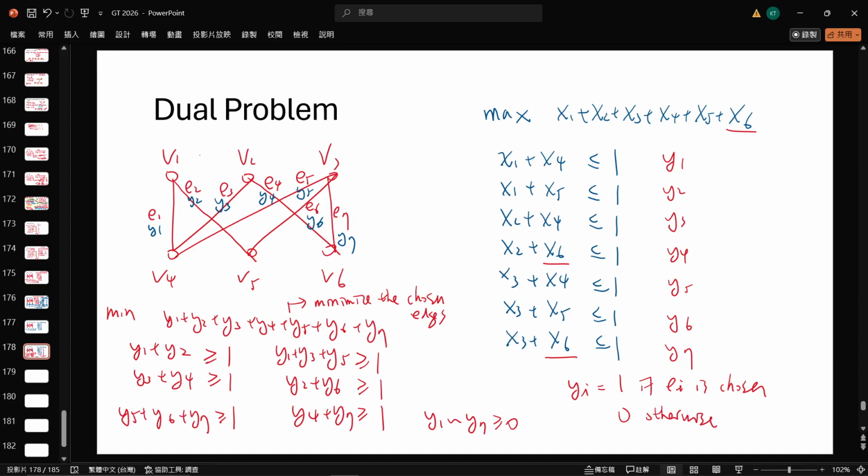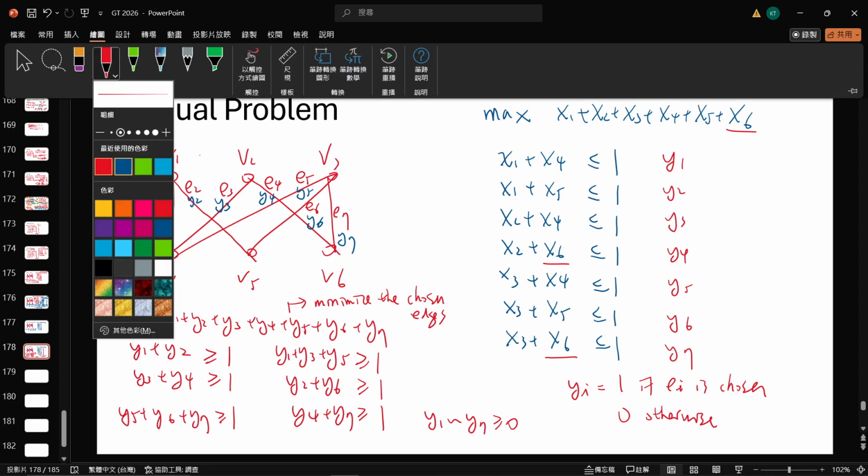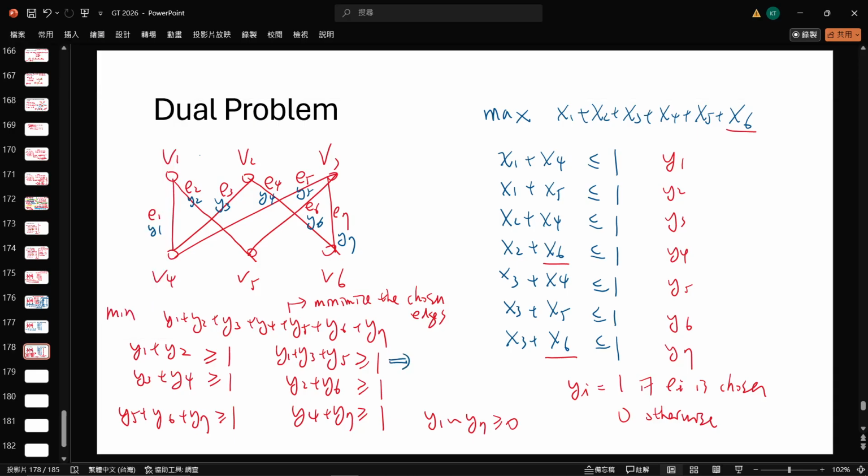For example, this is the fourth constraint, so we look at V4. The constraint says y1 plus y3 plus y5, which corresponds to the edges incident to V4, and it should be at least 1, which means we have to choose at least one of them.